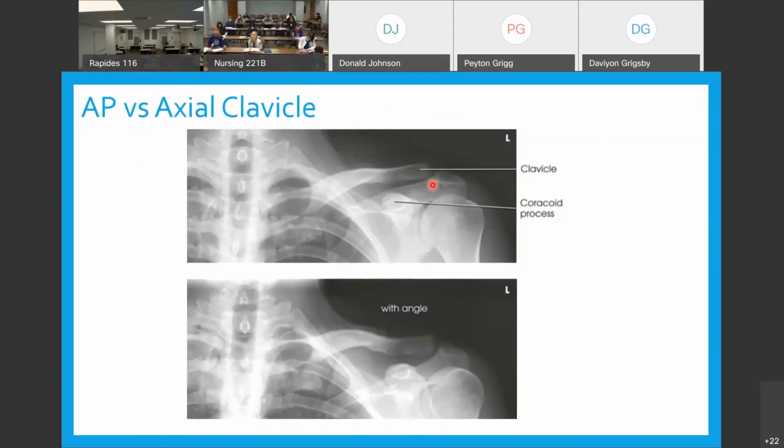All right. Here's your clavicle, coracoid. Look at the one with angle, with it out. Big difference. First thing I'm going to do on image evaluation, I'm going to ask, how much of this is off of the thorax compared to this one? This one has more off the thorax, right?